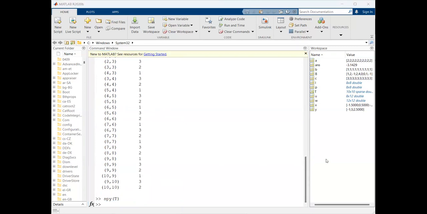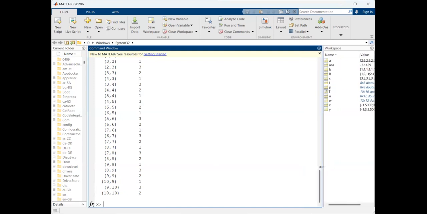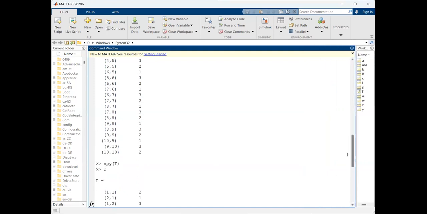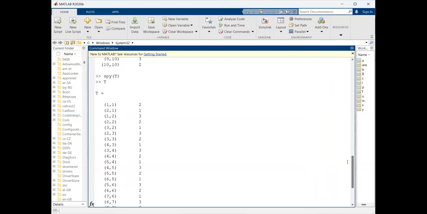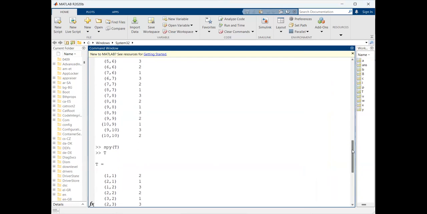You can see the diagram as well, right? If I type T on the command line, it gives me only some entries, only the non-zero entries.